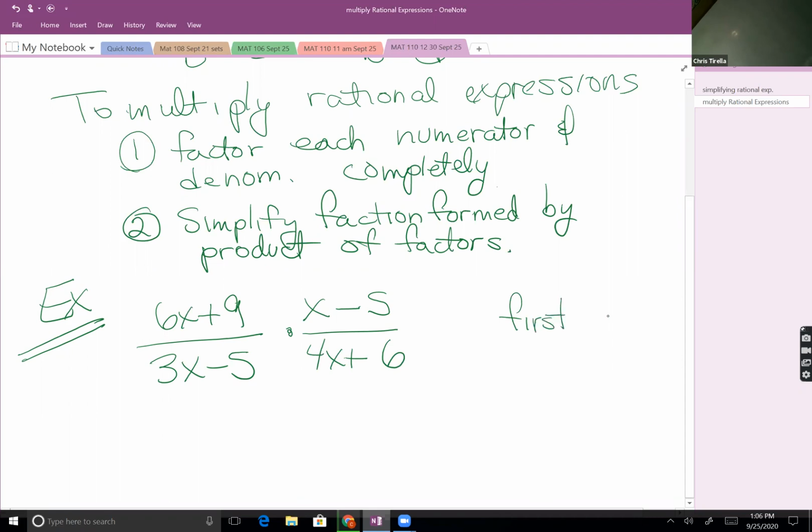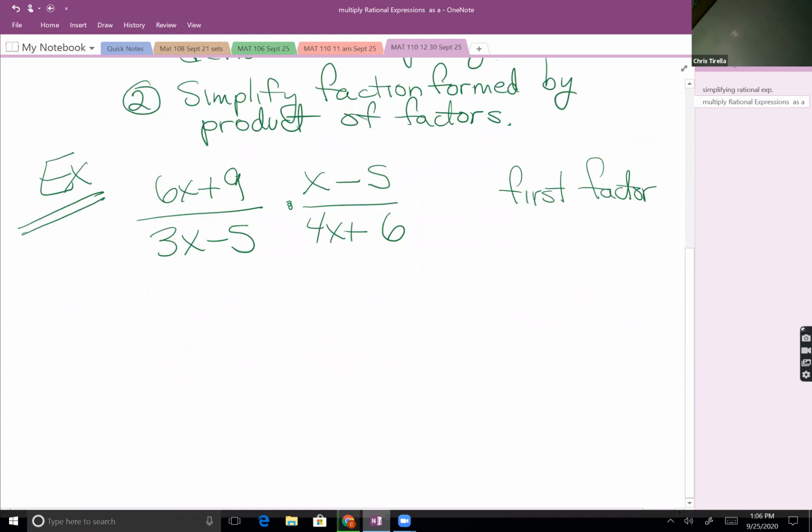So the first thing you have to do is factor. There are some people who are gluttons for punishment and look at this and just start multiplying. Don't. If you start multiplying, it just gives you something bigger that you have to factor to simplify. Your best bet is to always factor first.